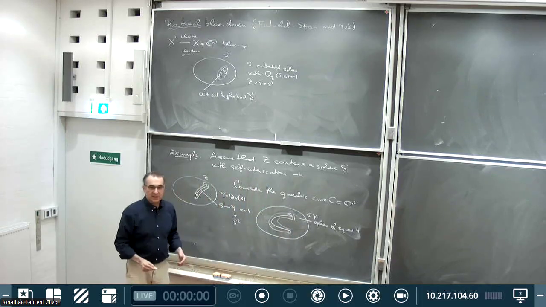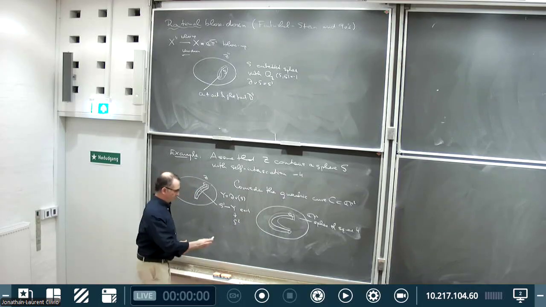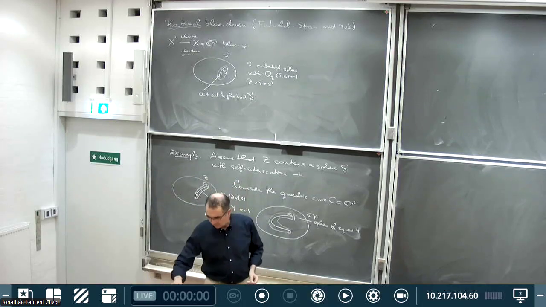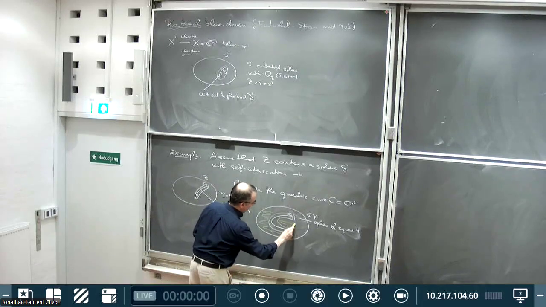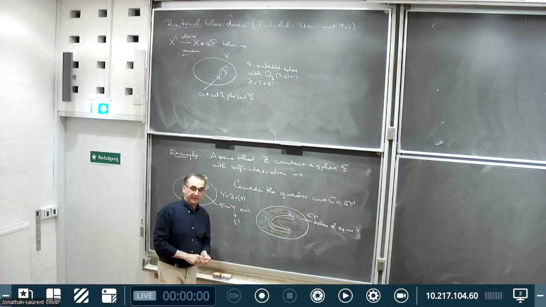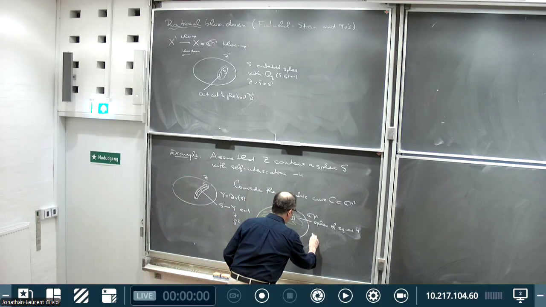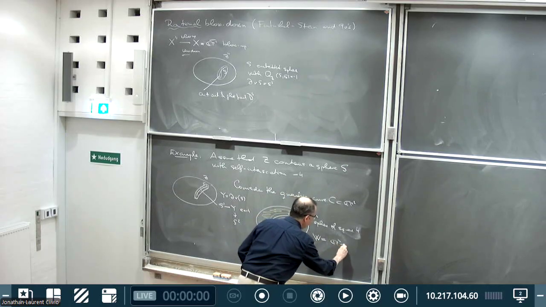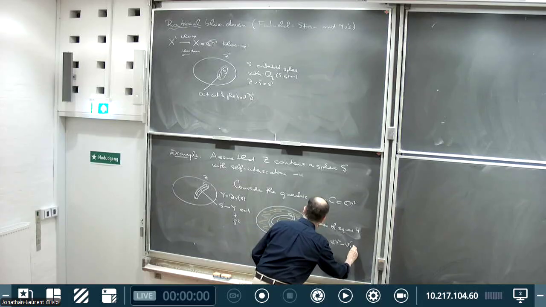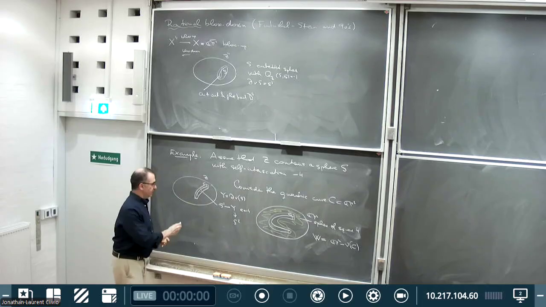So we just cut out the tubular neighborhood and glue in. You just take the complement, I don't know, W is CP2 minus the tubular neighborhood of C, and then we just glue it in instead of that.